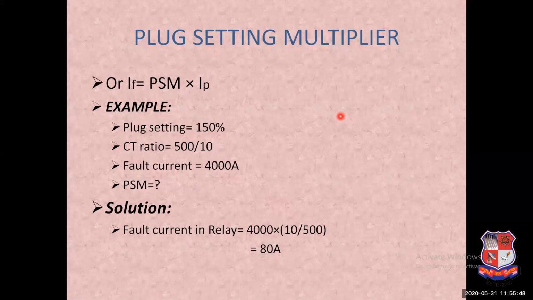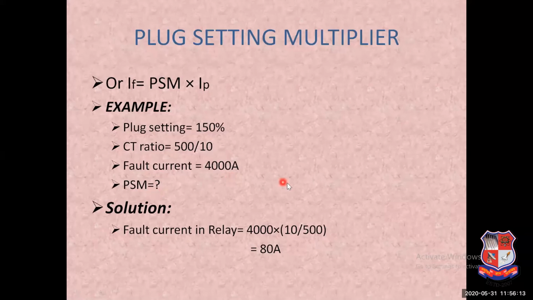Okay, so friends, here we can see one example of finding the PSM. The data given is: plug setting is equal to 150%, CT ratio is equal to 500 by 10, fault current is equal to 4000 ampere. So calculate PSM.